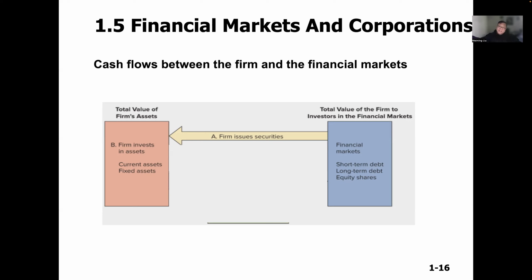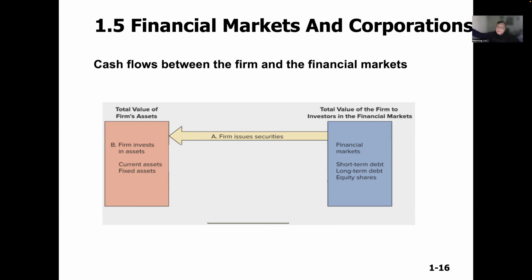So therefore, the cash goes from the financial stock market to the firms, and the firms will use this cash for investment. As a result of the investment, they are going to make money, right? After they make money, they have the actual cash. What are they going to do, right? First, they need to pay tax. They have to give some money to the government, right?